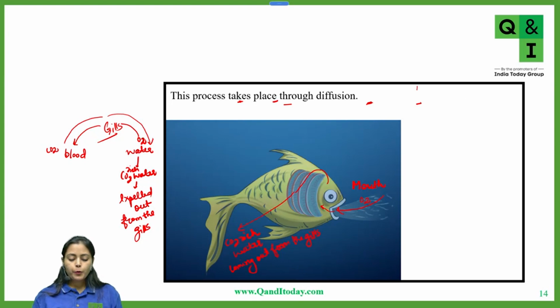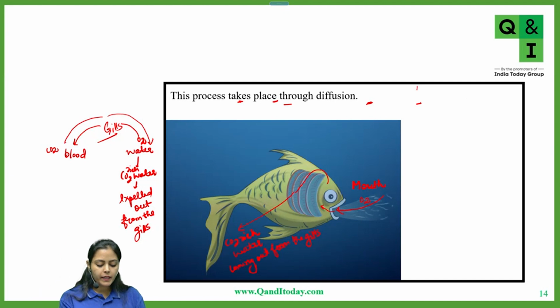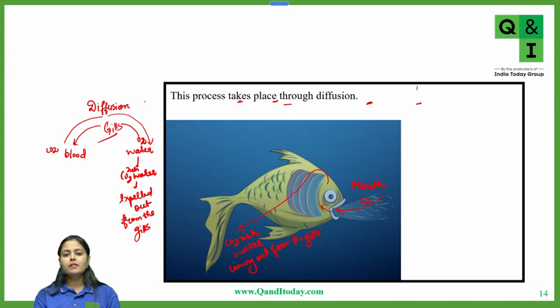Now, this process where carbon dioxide is moving into the water and oxygen is entering the blood occurs through simple diffusion. If you recall your class 9th, you studied diffusion there. Diffusion simply means that something is diffusing from a region of higher concentration to a region of lower concentration.